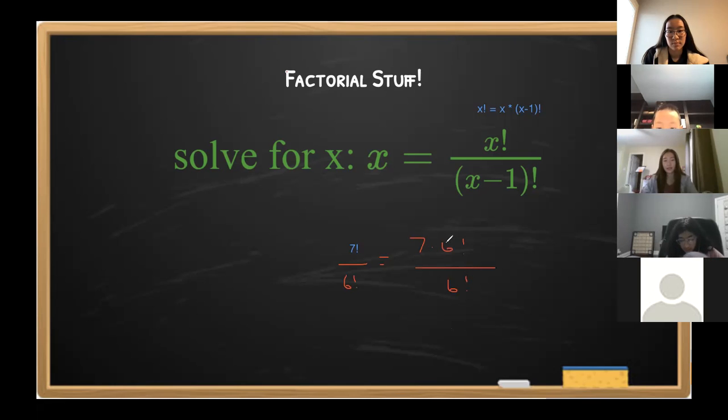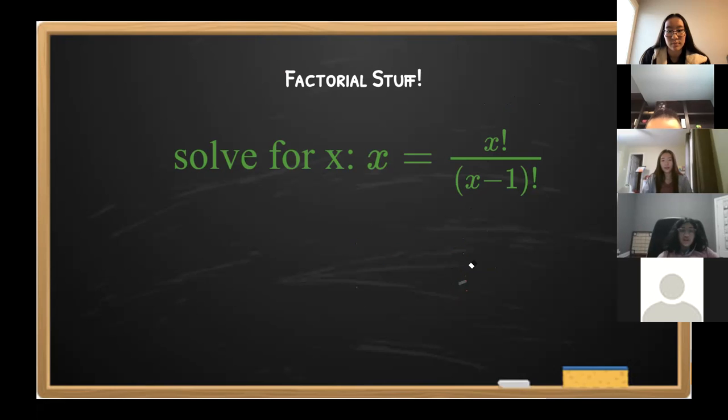In this case it's 7, because it's 7 times 6 times 5 times 4 times 3 times 2 times 1. The bottom is just 6 times 5 times 4 times 3 times 2 times 1. So the 6 factorials cross out, leaving us with 7. And 7 is x. So that's why this will work with any x.